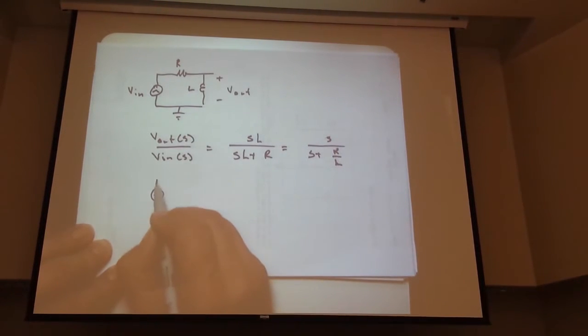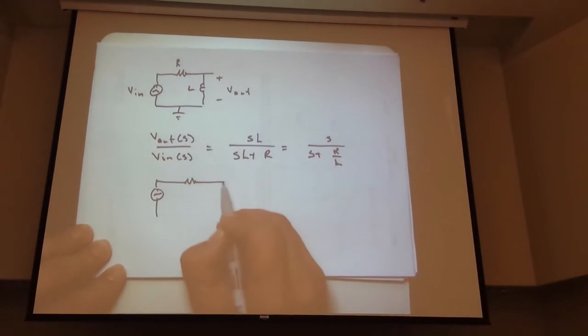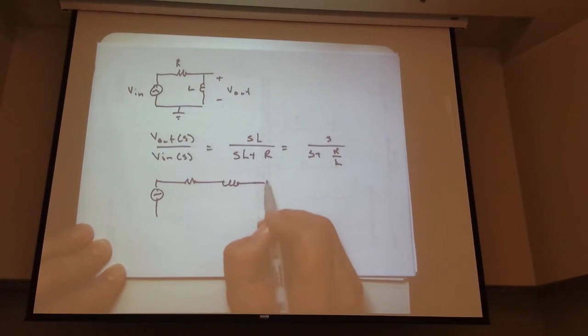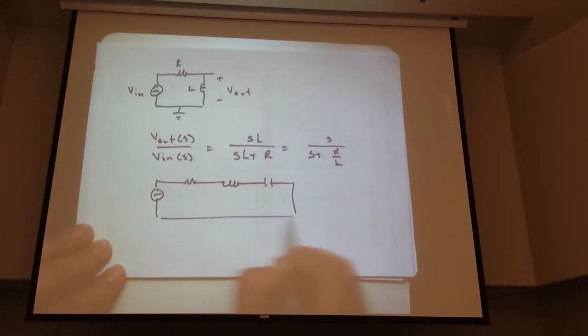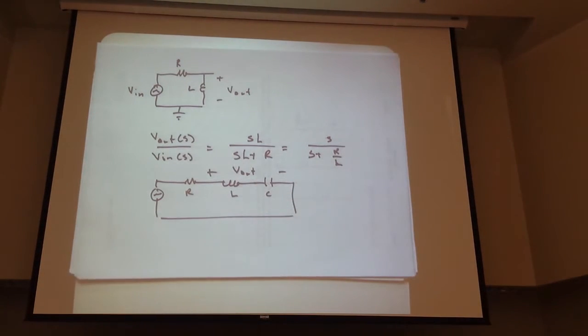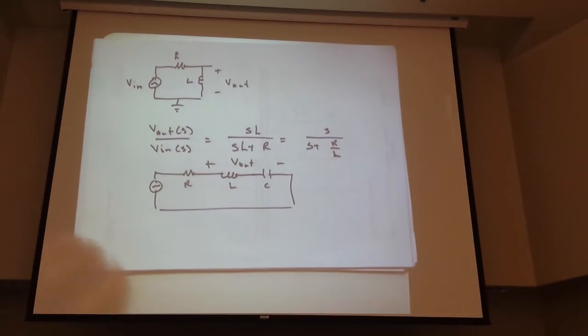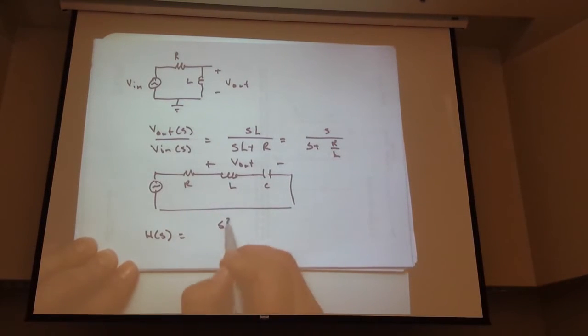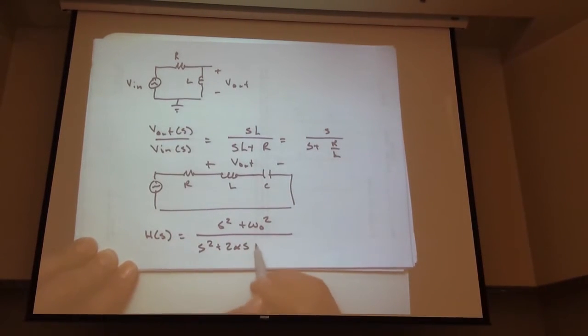We had talked about this before, worth knowing. In our RLC circuit, if we measure V out across both L and C, well, H of S in this case is S squared plus omega naught squared over S squared plus 2 alpha S plus omega naught squared.